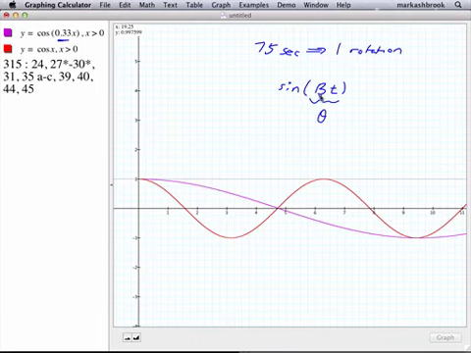But it's going to be some constant multiple times t that is our theta. So all we need to do is determine that number, which I'm calling b, the coefficient of t. And we have information. We know that when t is 75 seconds, we make one full rotation.